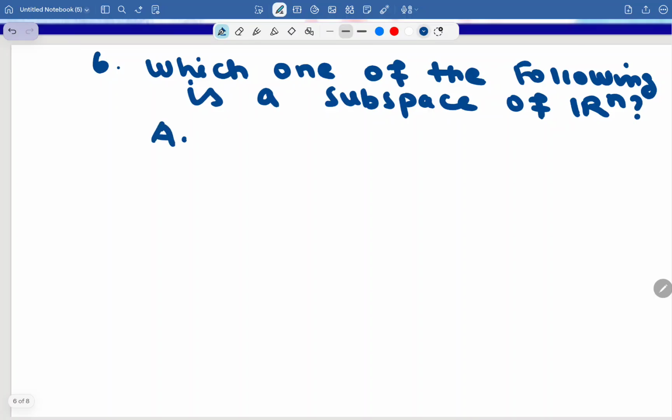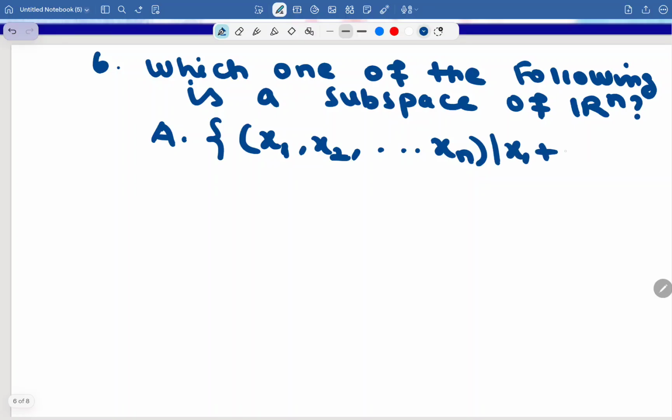Option A, set of all (x1, x2, ..., xn) such that x1 plus x2 plus ... plus xn equal to 1.